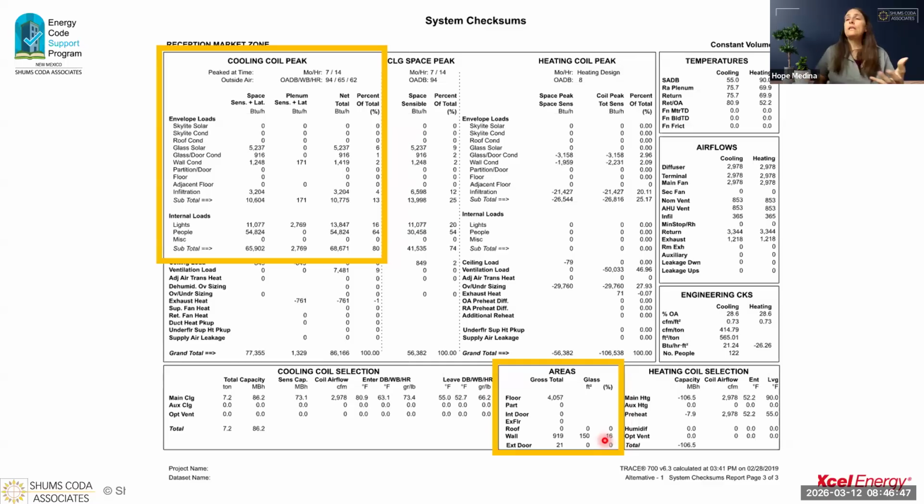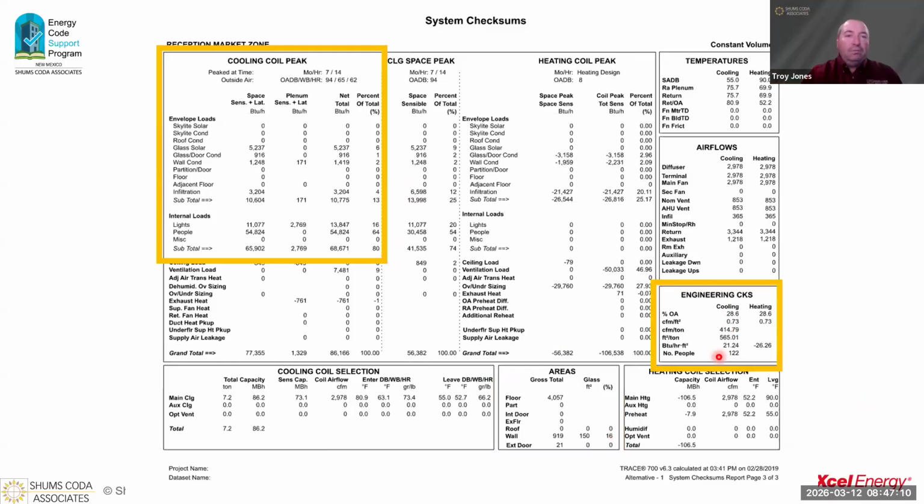That's another great tool for you, because remember, the code does have a limitation about how much glazing can be installed in a building, depending on which compliance path you utilize. So it is something to be incredibly aware of, and it's just making sure that things match up.